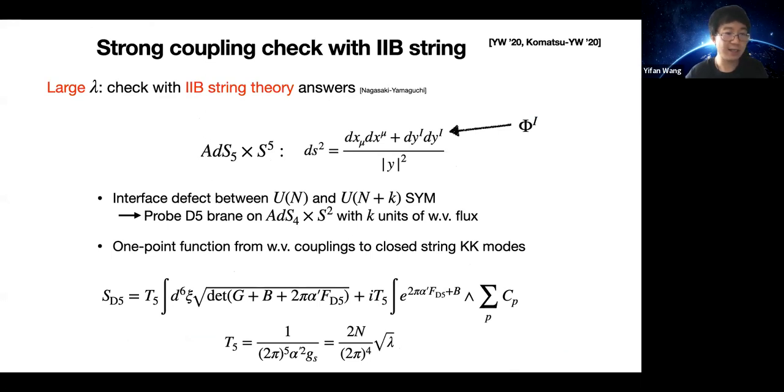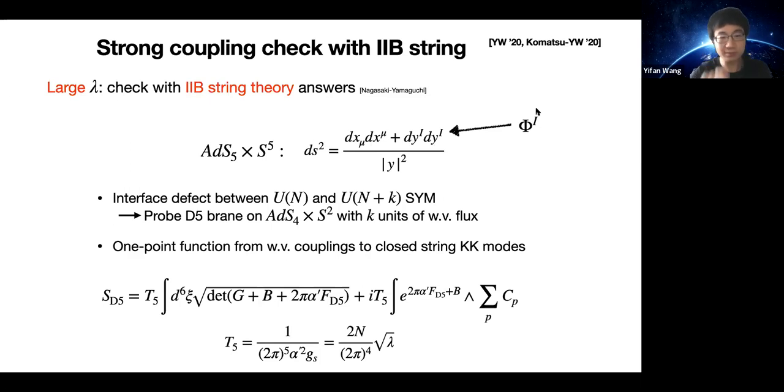So in that case, we look at the large lambda limit, and the theory is dual to classical type IIB string theory on AdS5 times S5, where the metric can be written as follows. These x are identified with the boundary space-time coordinates, and these y's, there are 6 of them, are essentially identified with the scalars phi^I, the 6 scalars in the supersymmetric Yang-Mills theory.